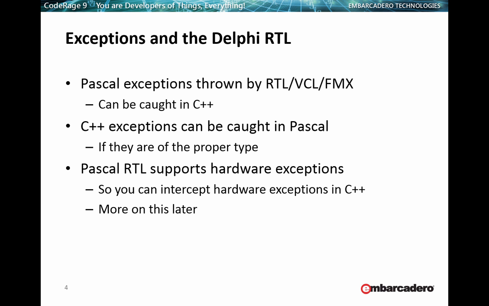They might be access violations, they used to be stack faults, I'll talk about that later too, and floating point violations. The most common ones are the floating point violations and the access violations.